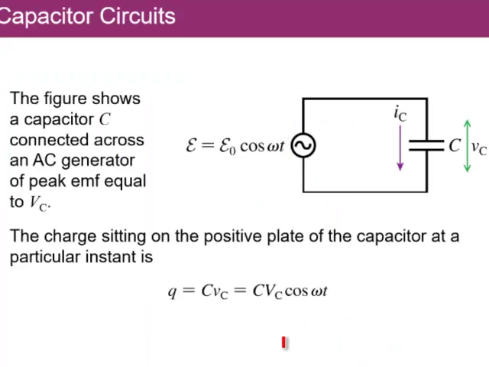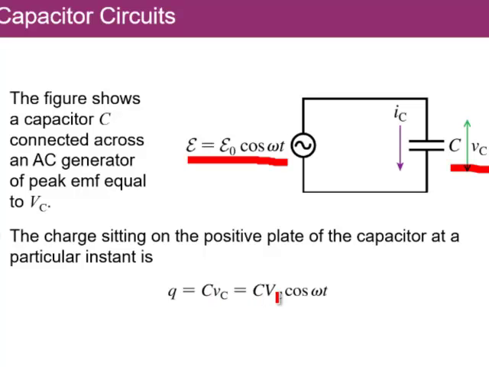So in the circuit where we would have maybe just an EMF with this cosine function connected to a capacitor. For this particular circuit, we assume the capacitor is the only thing connected. So here we've got the charge at any given time on the capacitor is going to be the capacitance times the voltage across the capacitor.